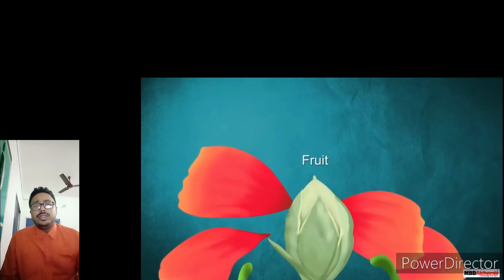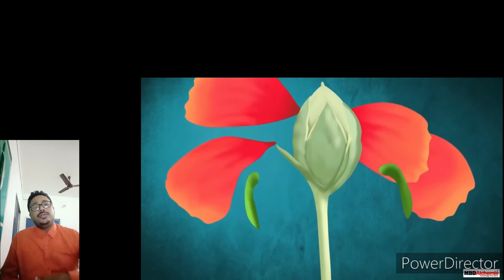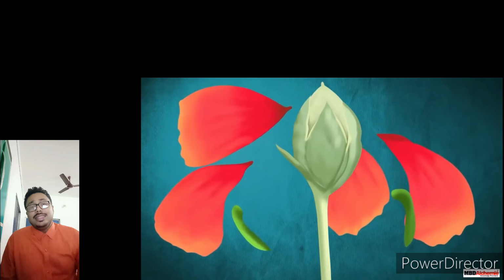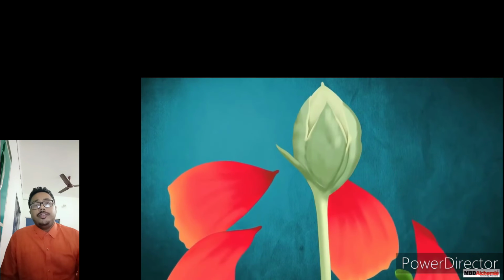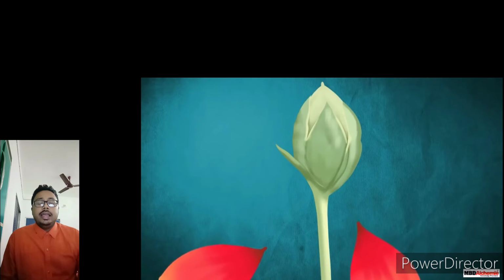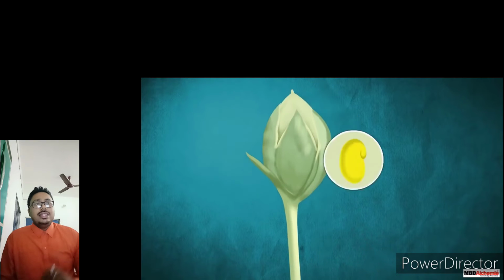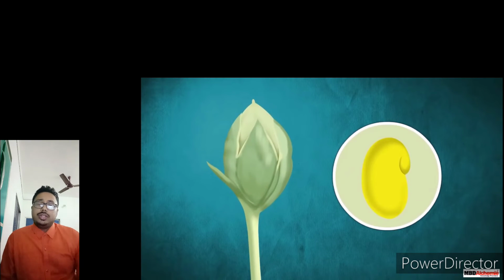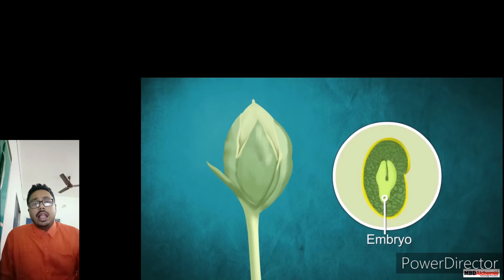Now, what is pollination? Pollination means transfer of pollen grains from anther to stigma of the flower. And then we can say there are 2 types of pollination. Before that, I will tell you what is the need of pollination.